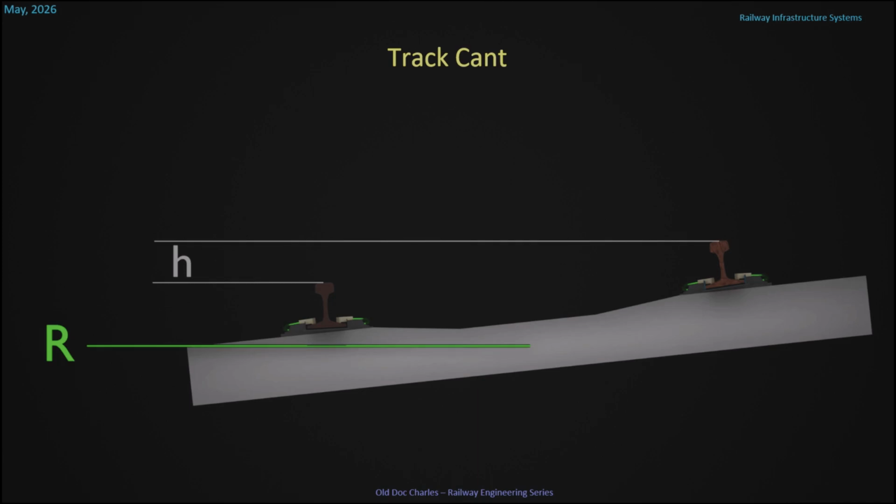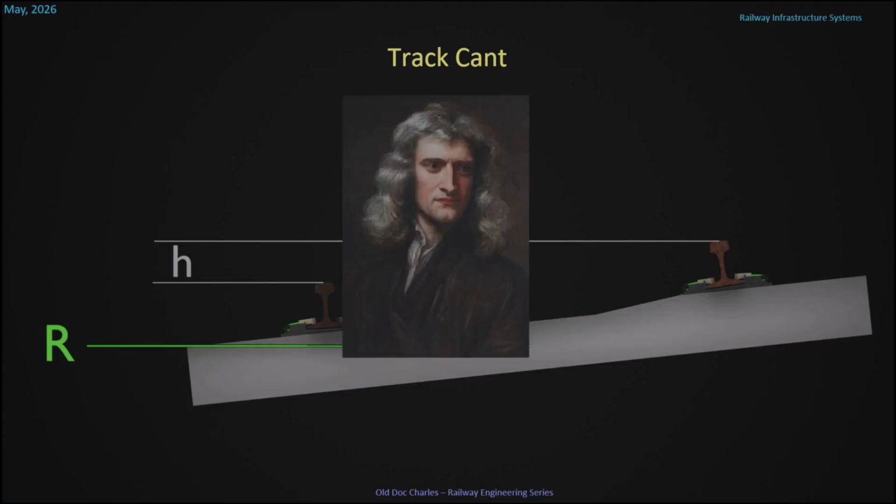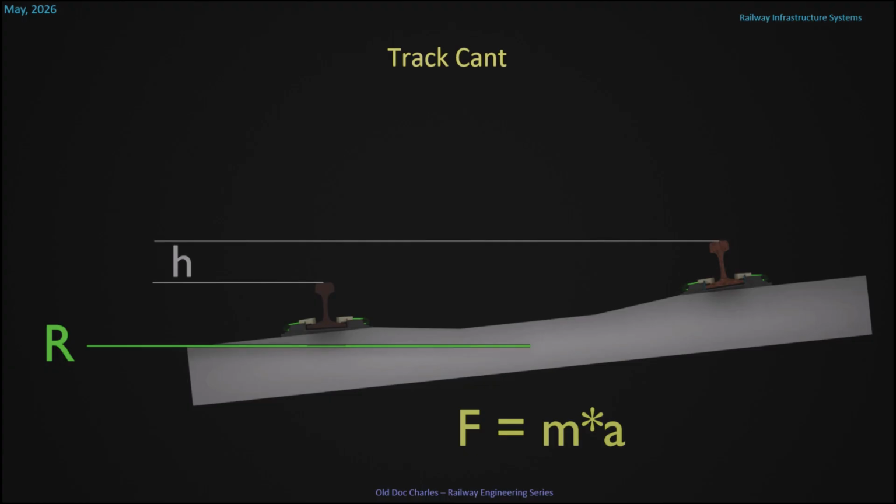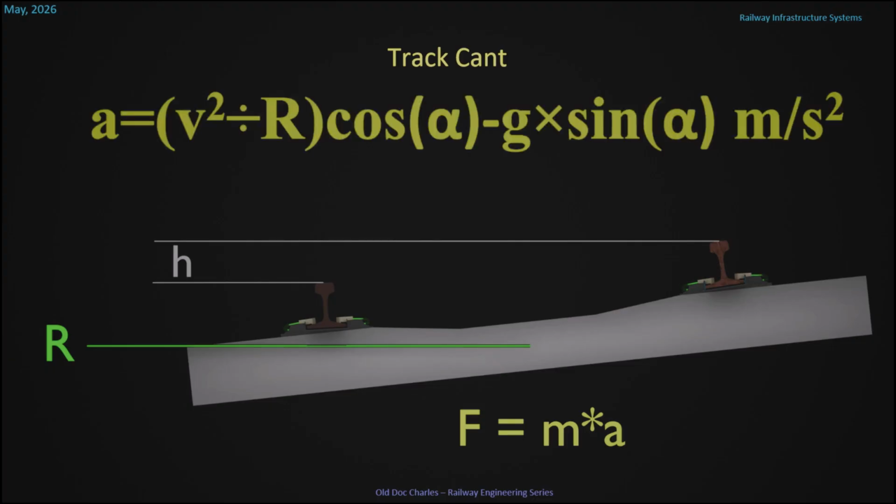And there's a complicated formula to determine the lateral track forces, based on Newton's second law: force equals mass times acceleration, where the mass is generally taken as the axle load, and the acceleration is the lateral acceleration from the complicated formula.